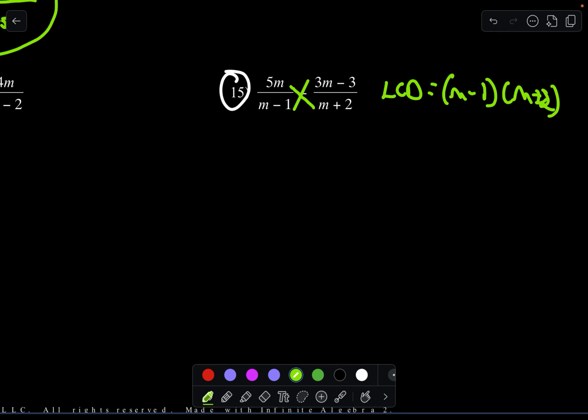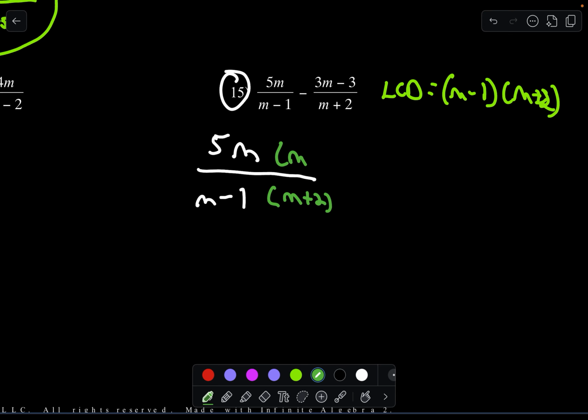And so we now would write this as 5m over m minus 1. And then we have to add the m plus 2 on bottom, so we have to do it to the top. Now we have the LCD. And then we're going to be minusing 3m minus 3.